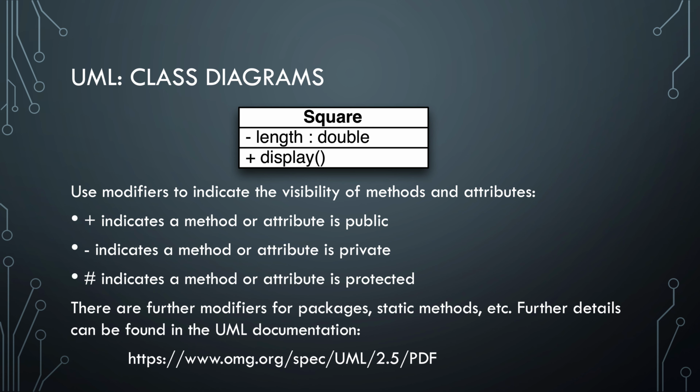You may use Python only for a prototype, and the real application is developed in Java or C#, which do have access modifiers. Also, access modifiers help establish responsibilities. If we know an attribute is private, then it's clear that the class that the attribute is in is responsible for it. UML also has a couple of other modifiers. You can find more information about this in the UML documentation.